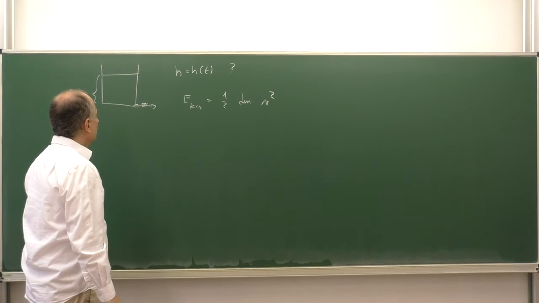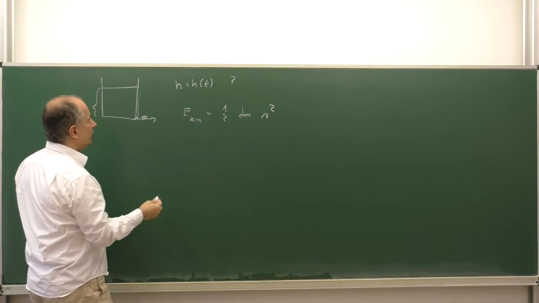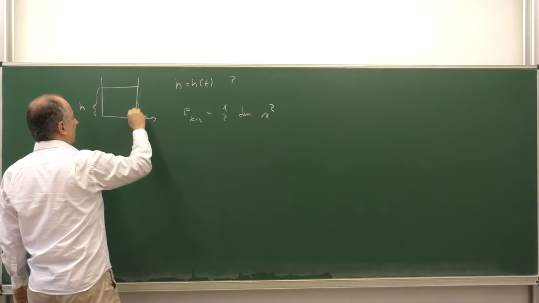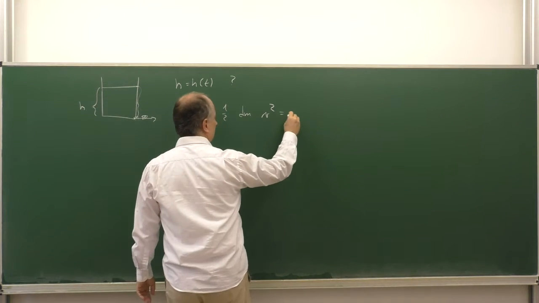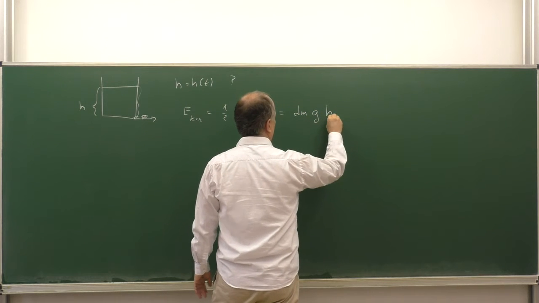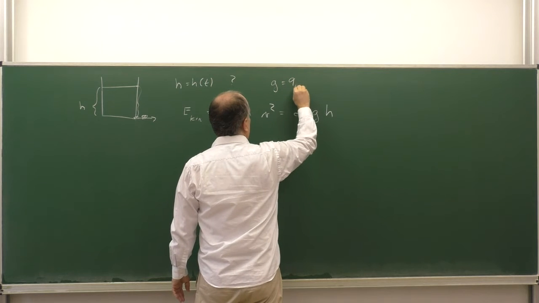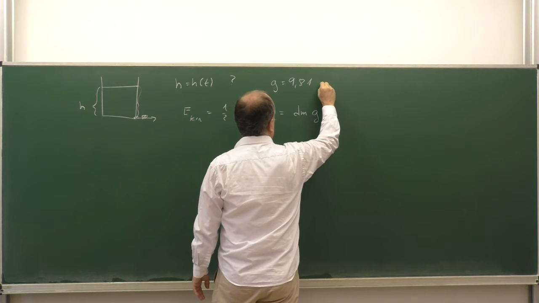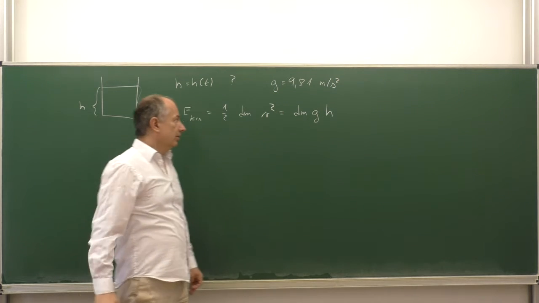And this must be equal to the potential energy, or the potential energy difference between the height and the hole. So this must be equal to dm gh. g is the acceleration due to gravity, something like 9.81 meters per square second.